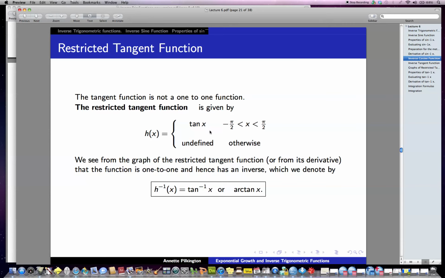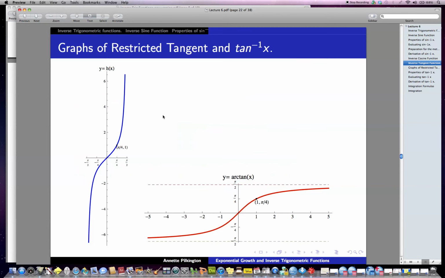And then tan inverse, or arctangent of x, is the inverse function of that restricted tangent function, which is 1 to 1. Here we have the graph of the restricted tangent function on the left, and its reflection in the line y equals x is shown here on the right. That's y equals tan inverse of x, or y equals arctangent of x.